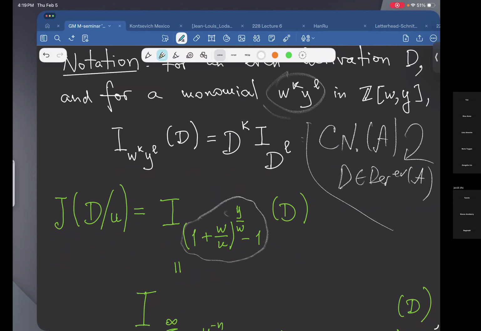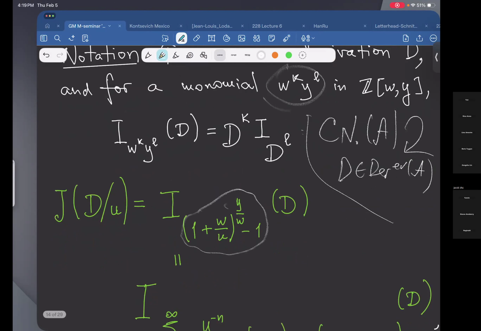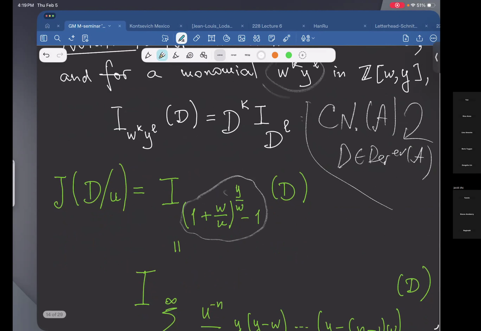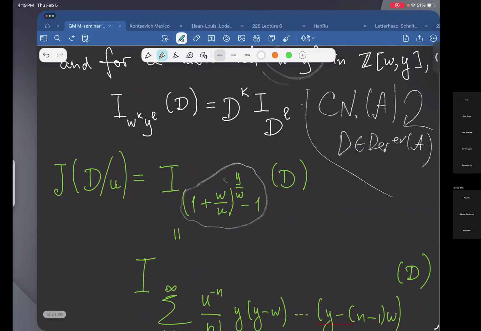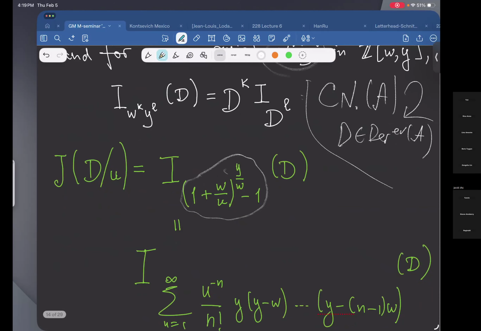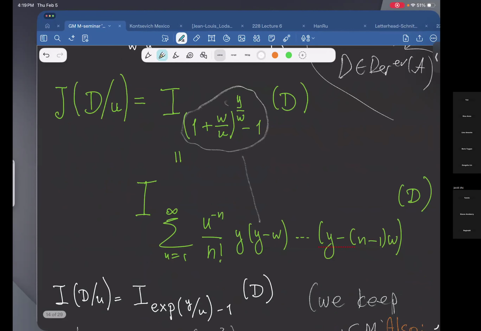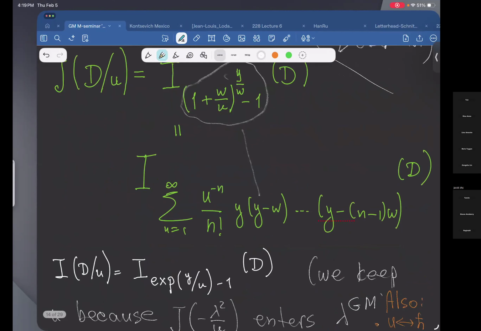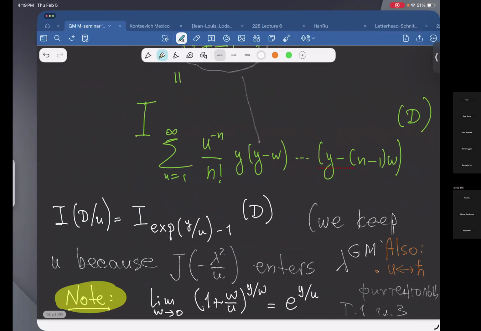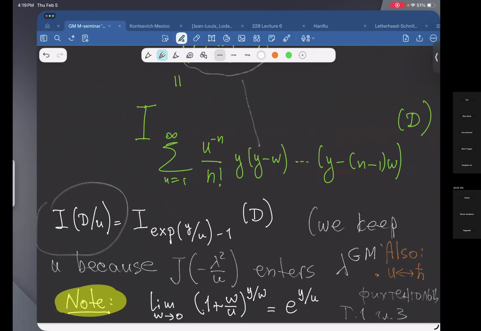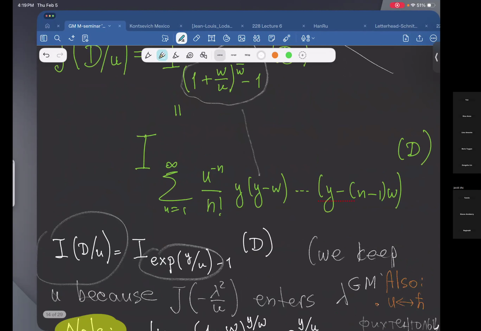By Newton binomial, you can write it like this, whereas I of D over U, the thing that corresponds to this function. So instead of this, you have this.